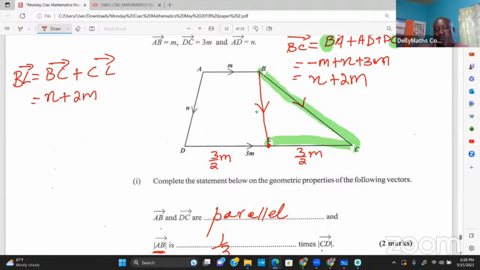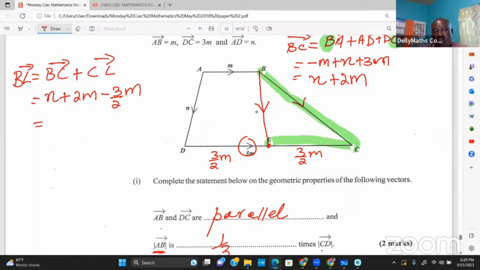That's BC. CL, watch direction. So we're going against the arrow, so it's going to be minus 3 over 2 M. That's all. Right? So now we can put things together by simplifying everything.